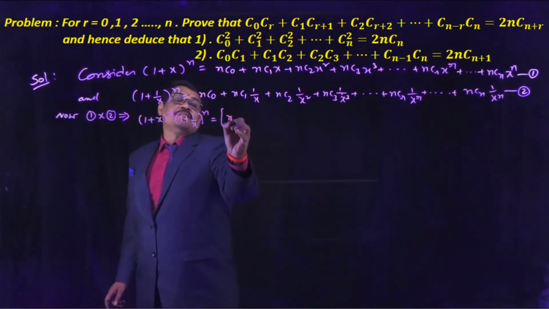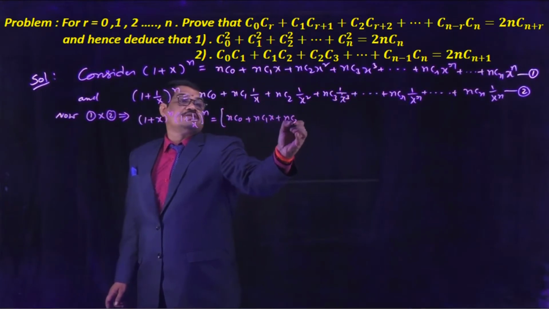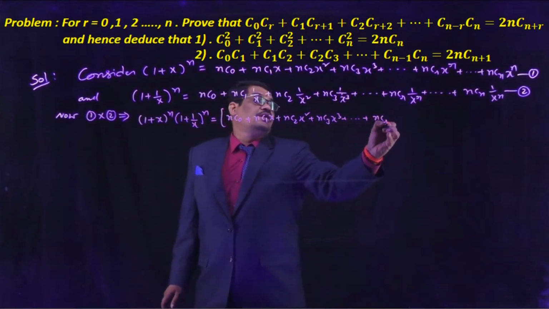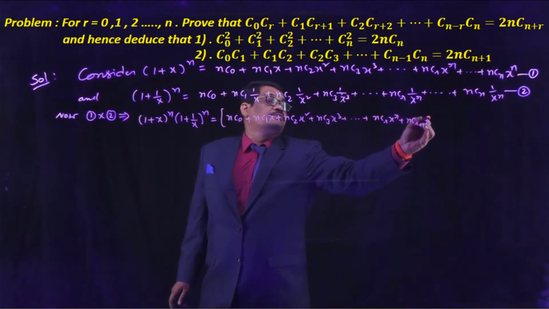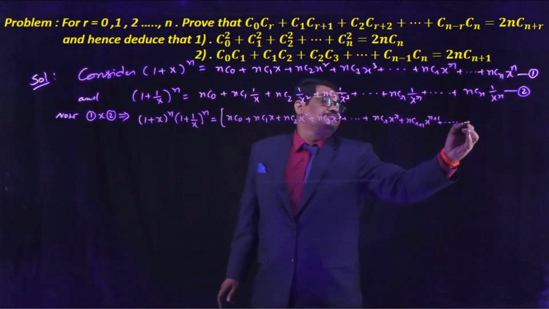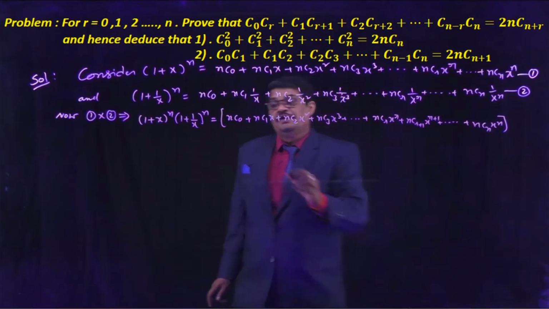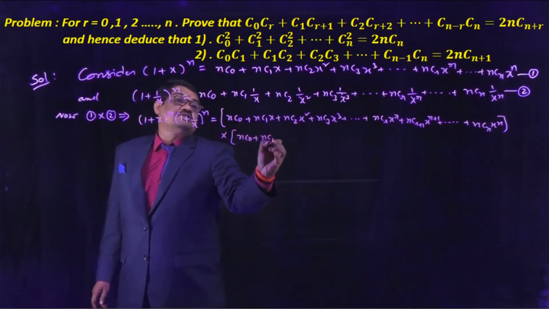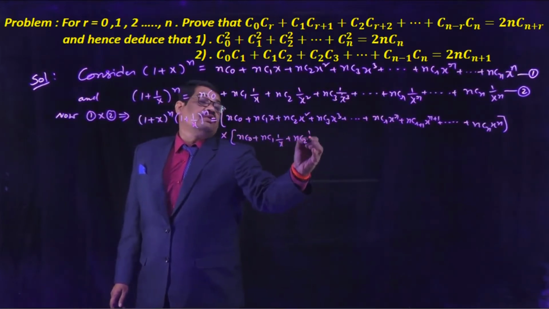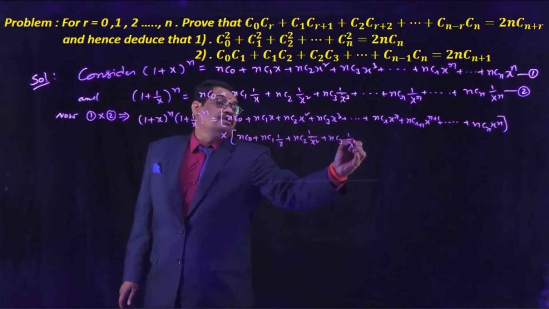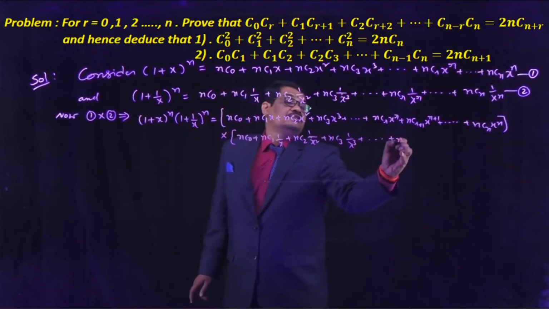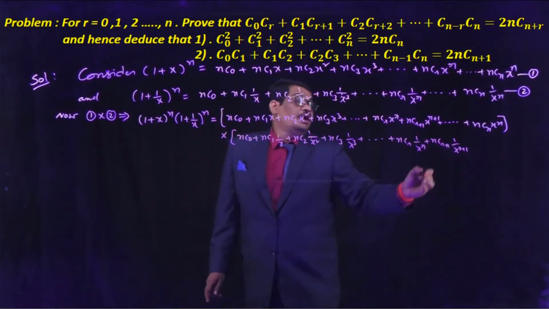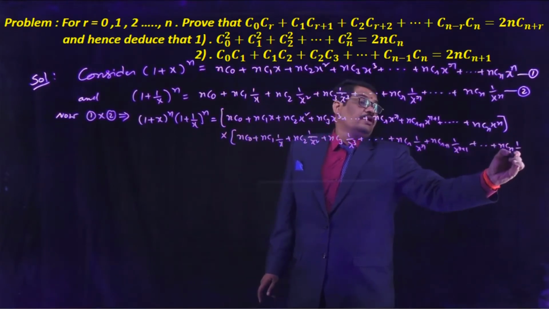The first expansion is nC0 + nC1 x + nC2 x² + nC3 x³ and so on, nCr x^r, nCr+1 x^(r+1) and so on + nCn x^n, into the second expansion, that is nC0 + nC1 (1/x) + nC2 (1/x²) + nC3 (1/x³) and so on, nCr (1/x^r), nCr+1 (1/x^(r+1)) and so on, nCn (1/x^n).